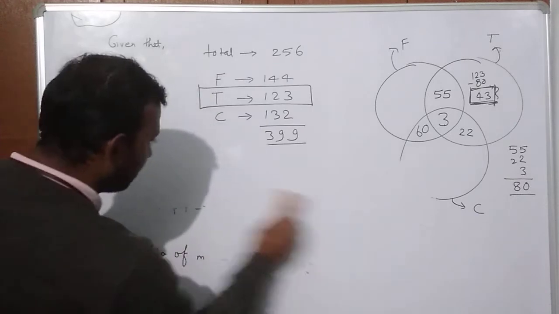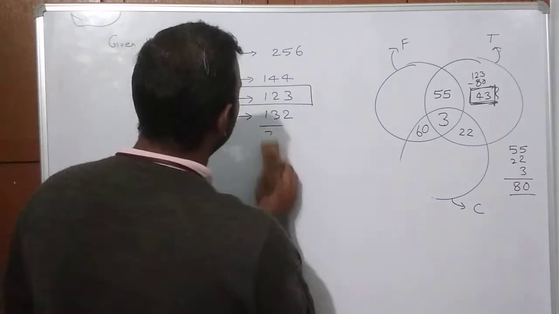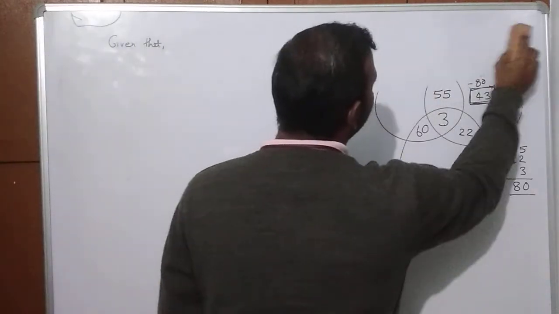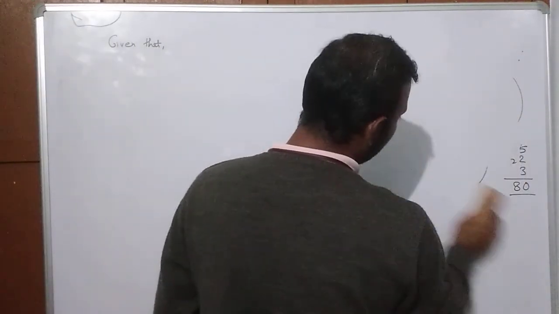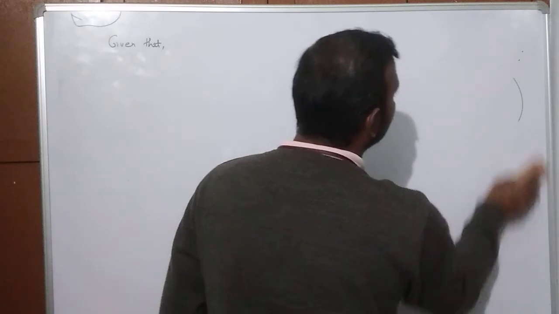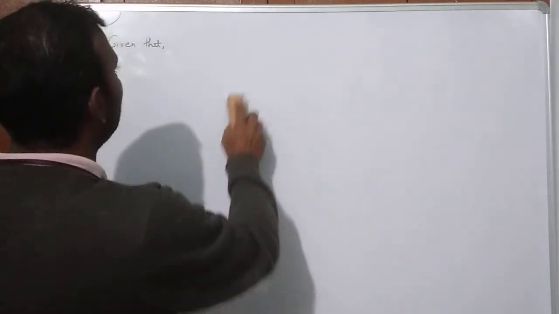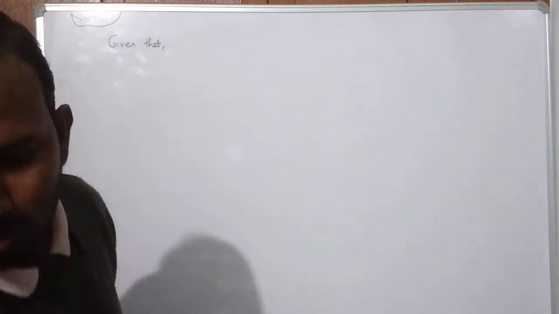Now the third question. The third question is from arithmetic progression. A sequence is given, and using the concept of arithmetic progression, I will solve it. So what is the third question?